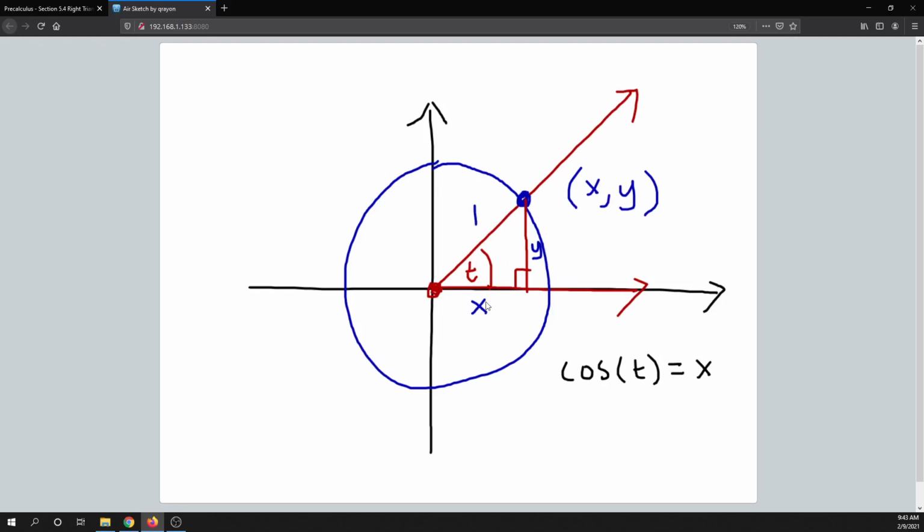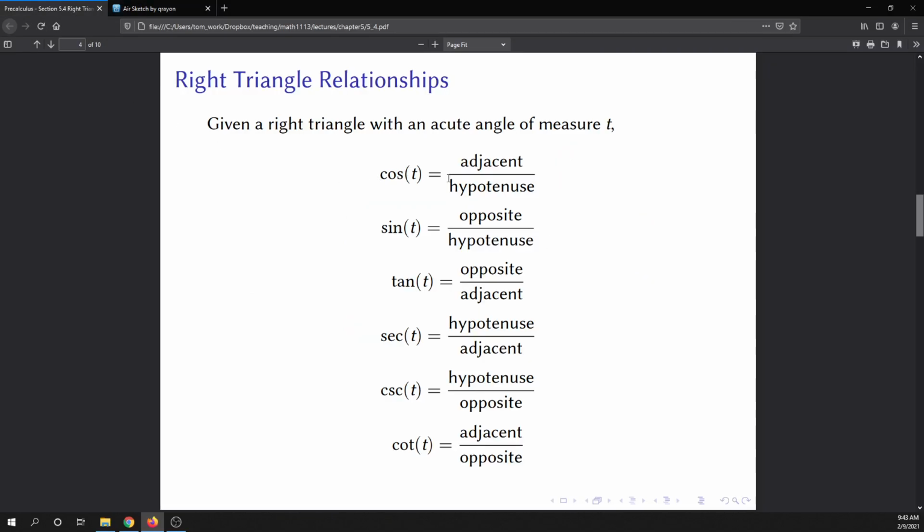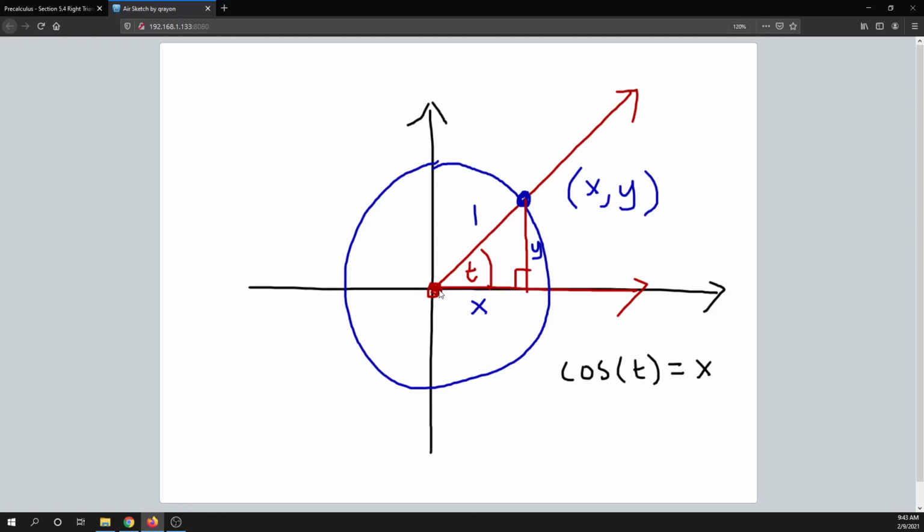So if you go by the triangle definitions, the cosine of t would be the adjacent side over the hypotenuse. And so the adjacent side would be the leg that's touching the angle t, which is this distance from here to here. And so if we go by that definition, it would be adjacent, which is x, over hypotenuse, which is 1. And you can see that comes out to be exactly the same.